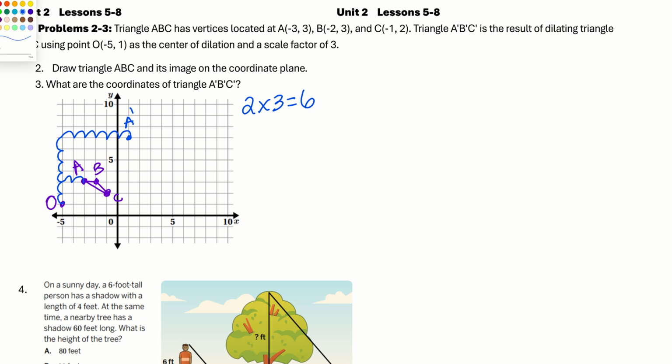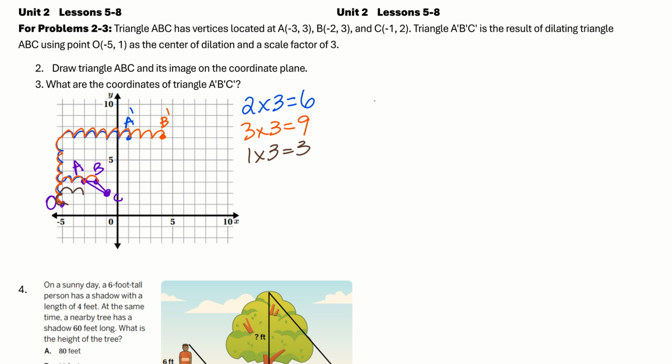Okay, so if I do B, it's also 1, 2, but now it's 1, 2, 3. So 3 times 3 is 9. So count up 6, then 1, 2, 3, 4, 5, 6, 7, 8, 9. B prime. And then I need to check C. So C is 1 up. Well, 1 times 3 is 3.